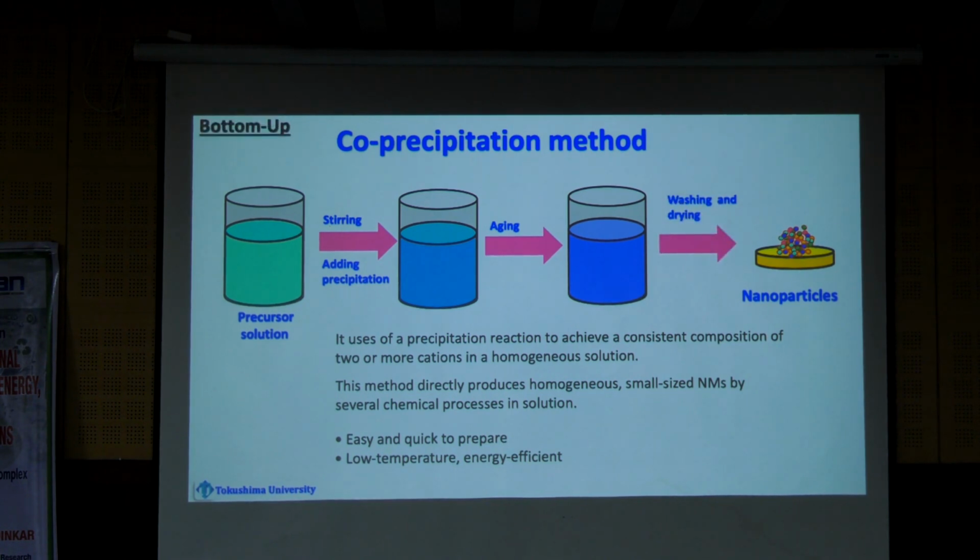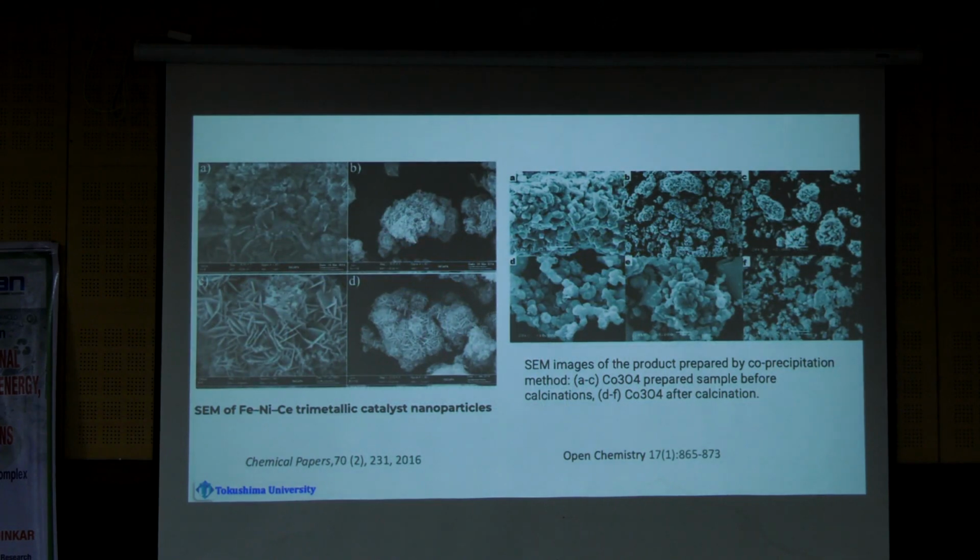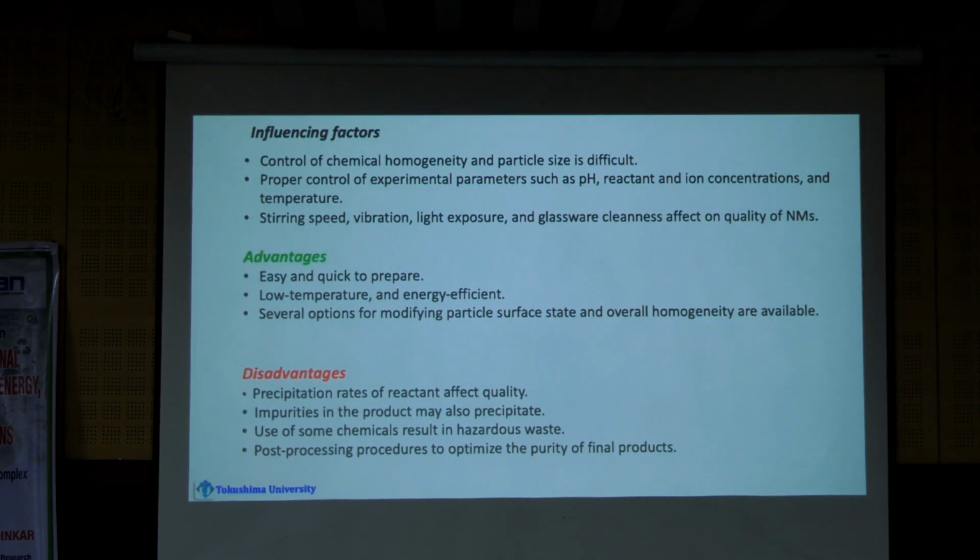In the case of hydrothermal, hydro is water, thermal is heat. There is no thermal in co-precipitation. So hydrothermal means water and heat. Precipitation means only mixing and stirring or aging, and you can get the nanostructure. These are some of the pictures. These are the parameters that affect the formation of the nanostructure.